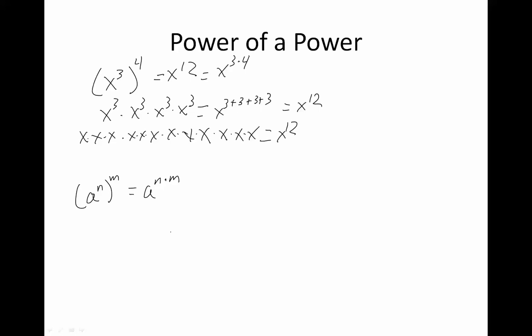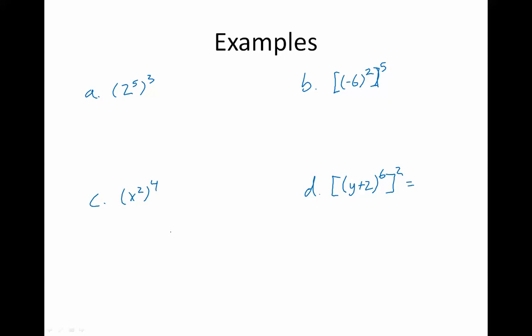Let's do some examples. All right, so here we have 2 to the 5th power being taken to the 3rd power. We could do 2 to the 5th times 2 to the 5th times 2 to the 5th. But that would be a lot of work, right? And I don't want to do that. So I'm going to remember my power of a power rule, which says that if I have a power being taken to another power, I can simply multiply those numbers together.